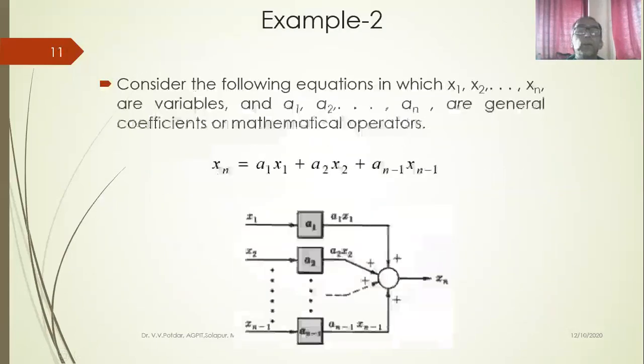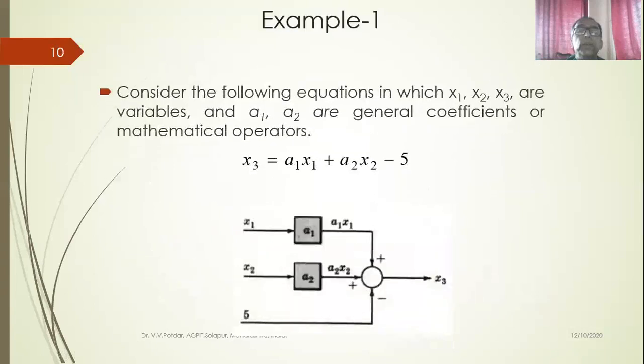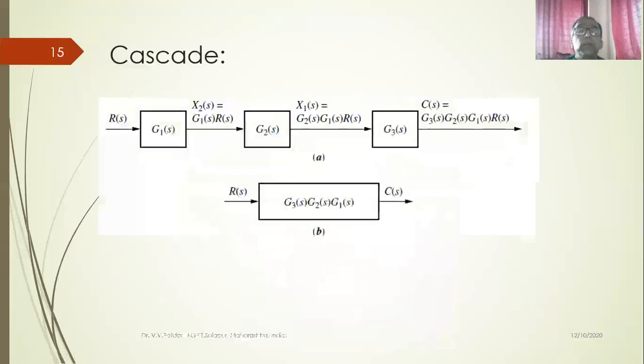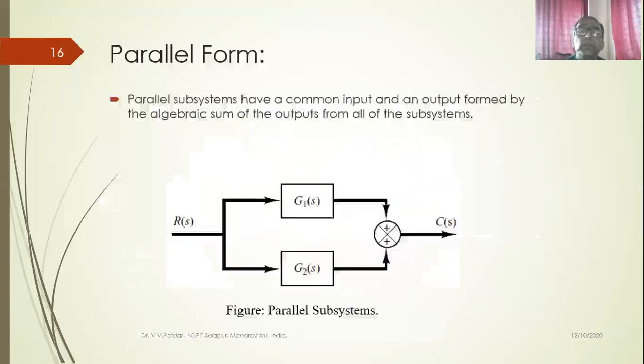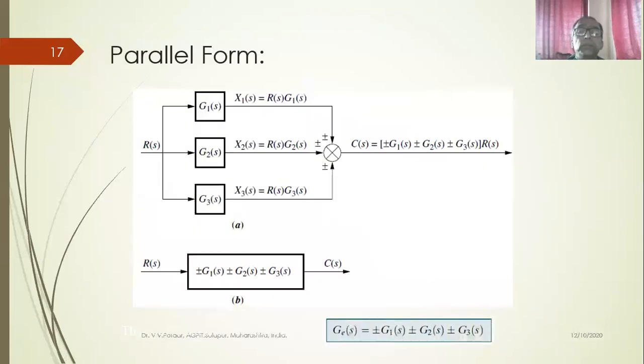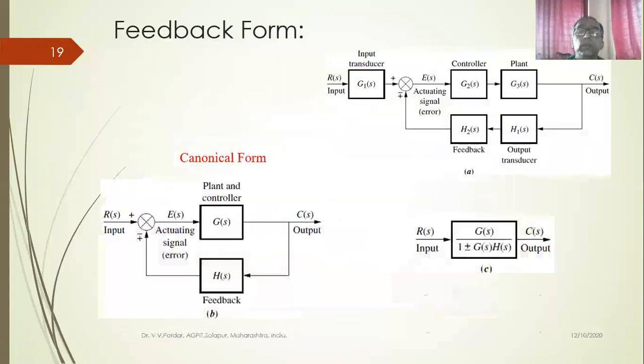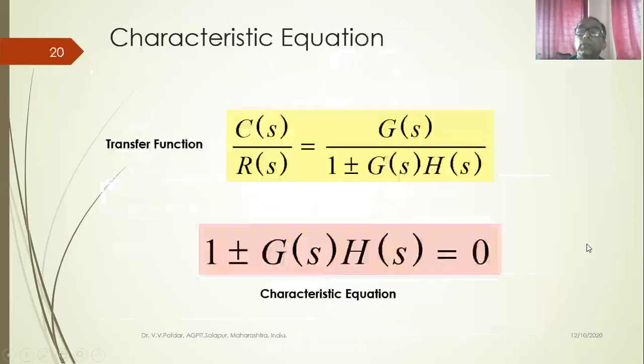Let us quickly go to the next rule. If you look at the closed loop transfer function of this feedback control system, C(s) is the control variable, that is output, divided by reference input, that is the input.